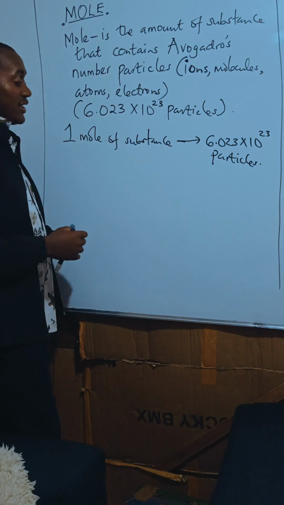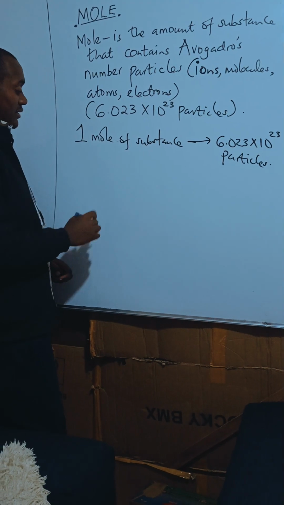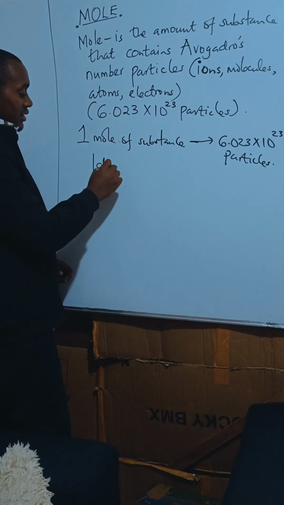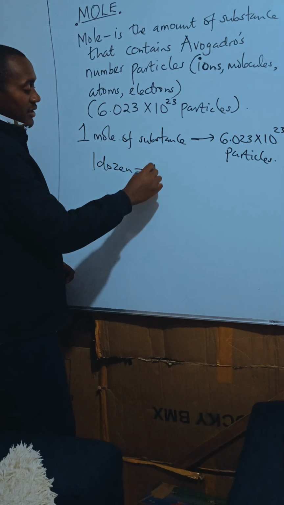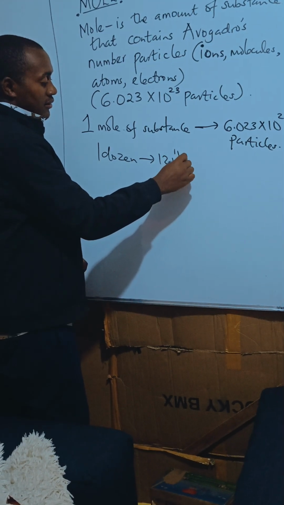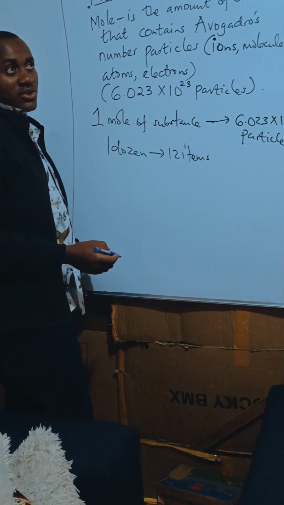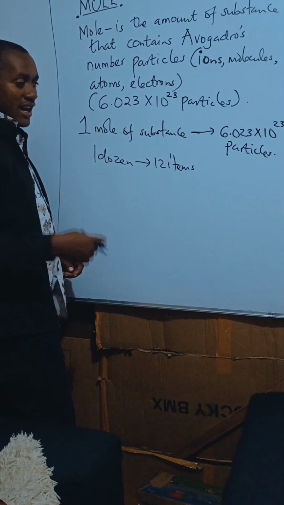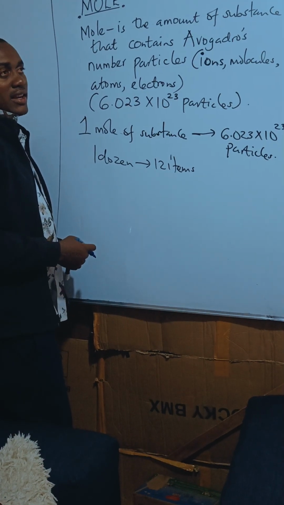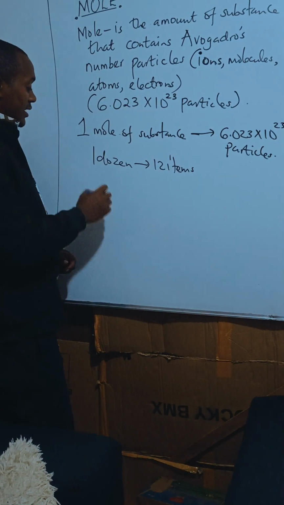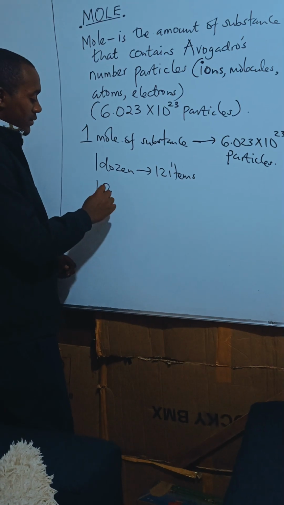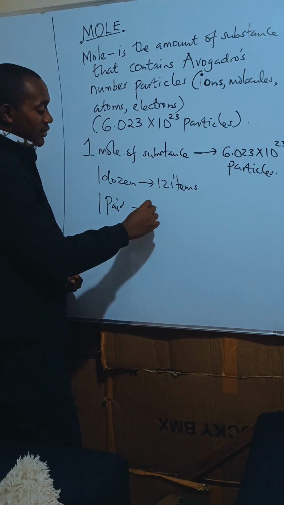Therefore, as you know, a dozen contains 12 items. A tray of eggs contains 30 eggs. A crate of soda contains 24 sodas, and one pair is 2 items.